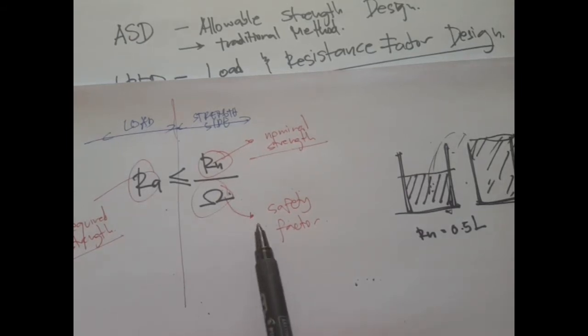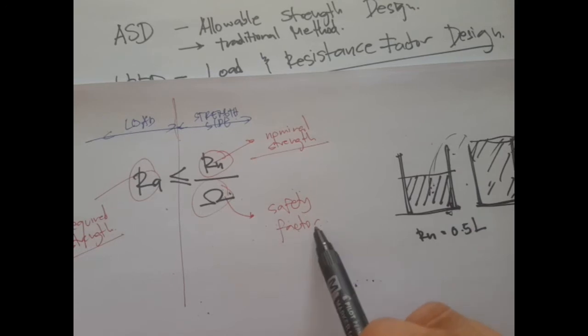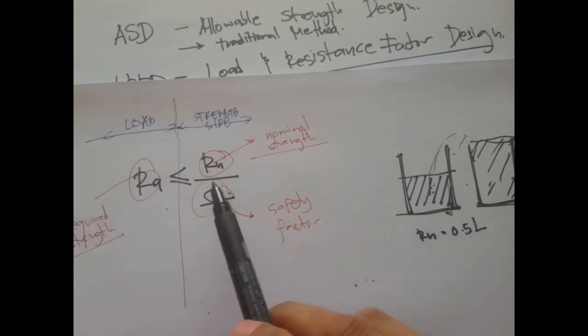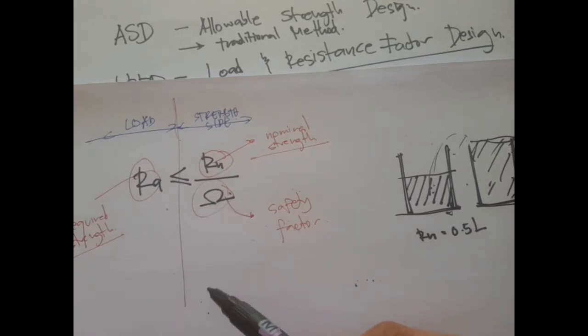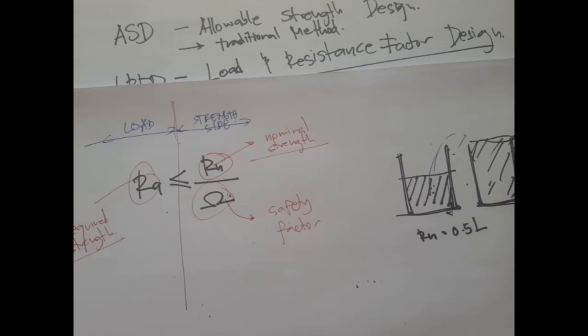Also, the value of the safety factor depends on the combination, let's say dead load plus live load, or dead load, live load plus wind load, for example. Then there's going to be a different safety factor.